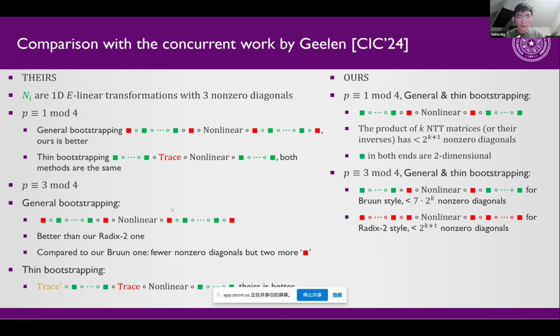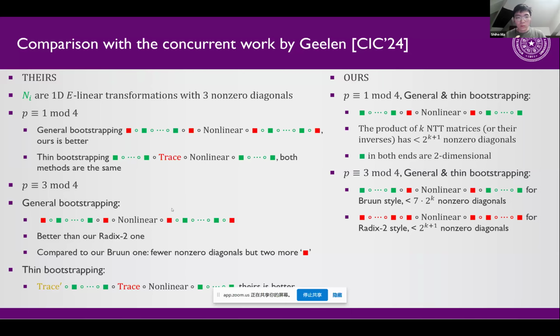And finally, I'd like to make a comparison with the concurrent work by Healing, published at CiC 2024. So both works use the idea of matrix decomposition to obtain faster linear transformations, but the decompositions are not the same in both works. In their paper, they are all one-dimensional E-linear transformations with 3 non-zero diagonals.